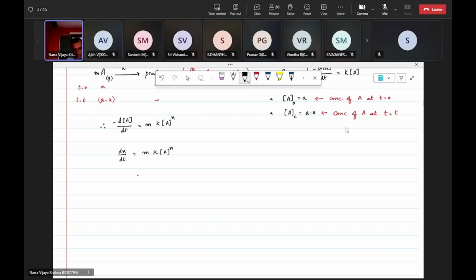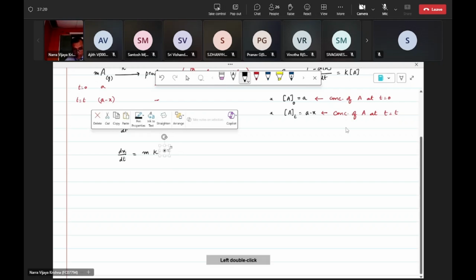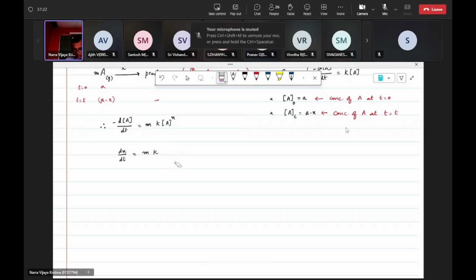So I am writing this term as A minus x power n. Is there anything wrong? Why? If time t is 0, x will be 0. If time t is not 0, x value will not be 0.